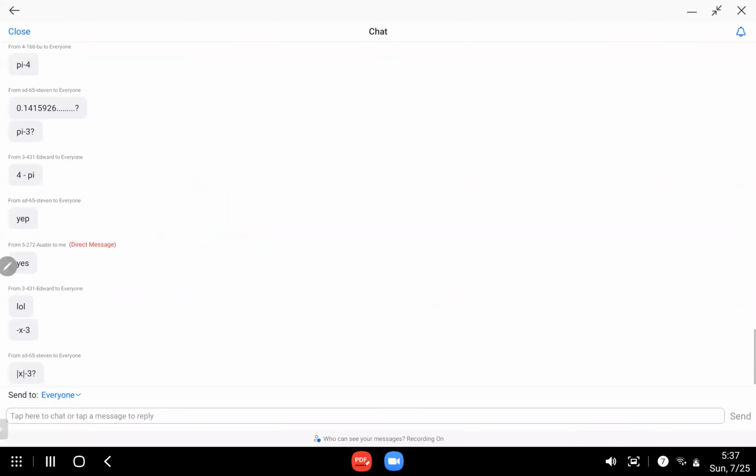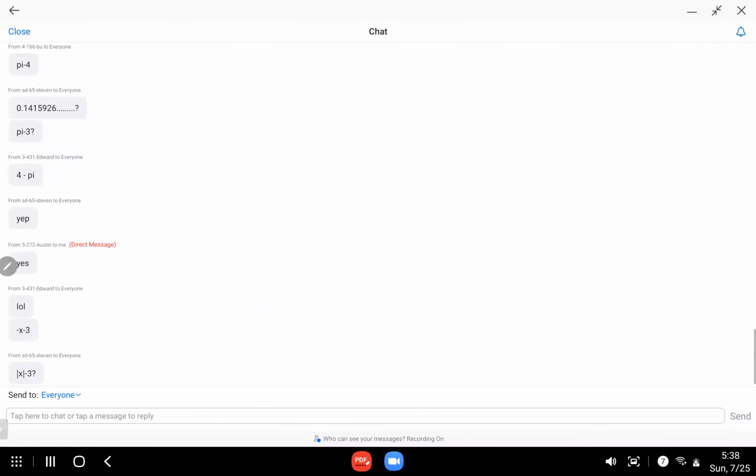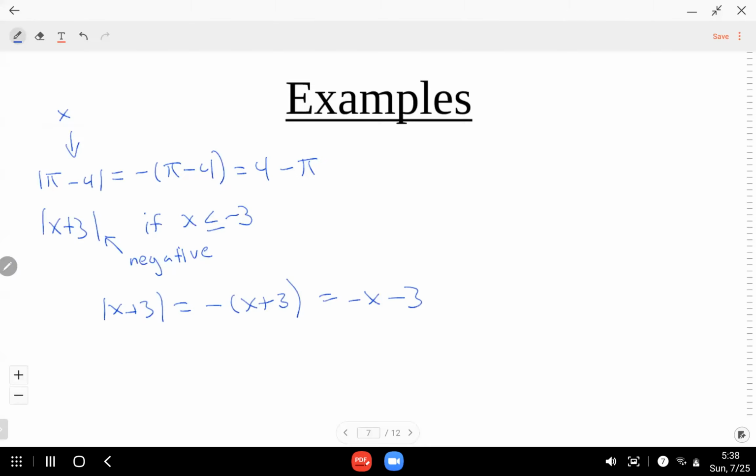And Stephen is kind of correct. Maybe. Hold on a second. Ah, so Stephen is also correct in a sense, because basically what he's doing is taking the absolute value of x, and x is less than -3, so it's going to be positive.